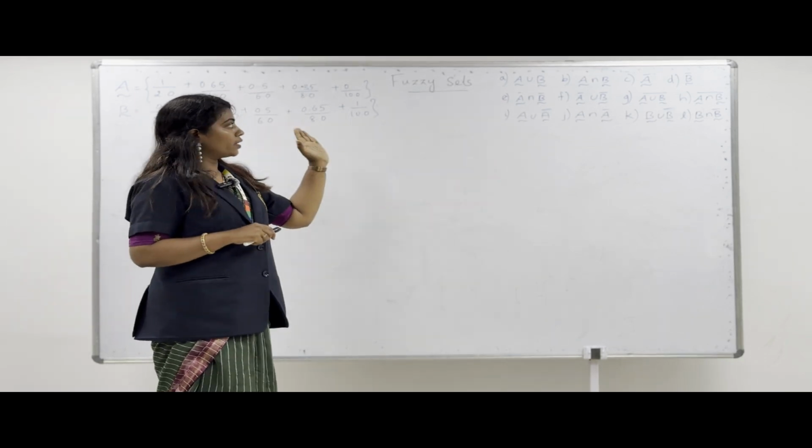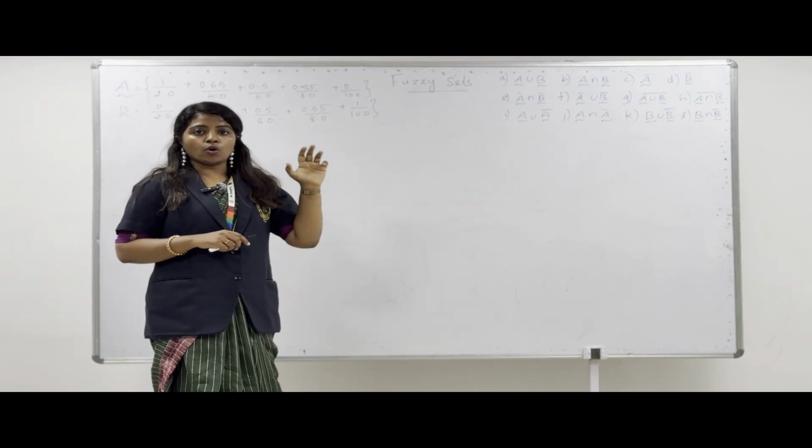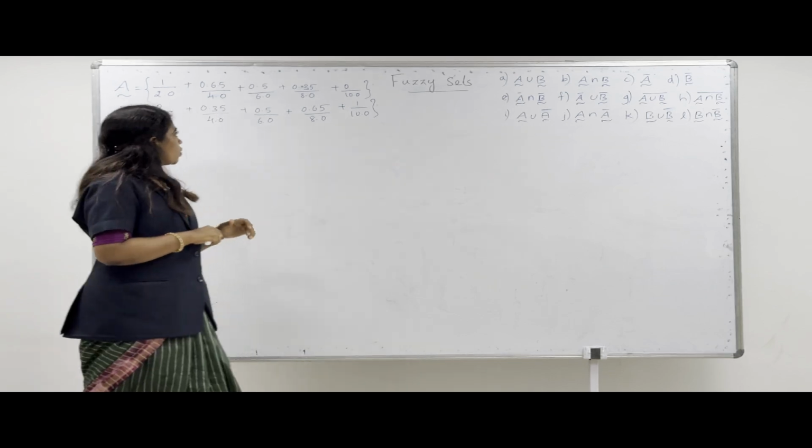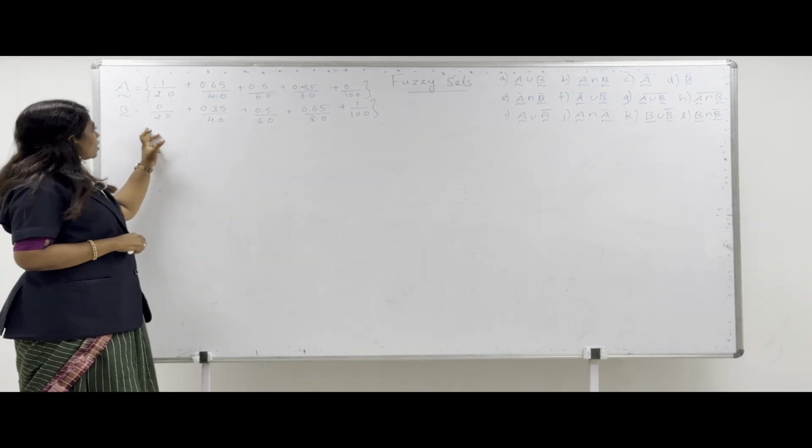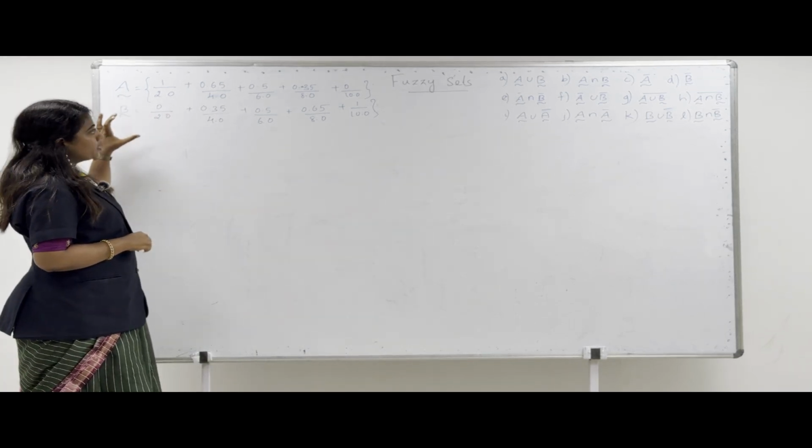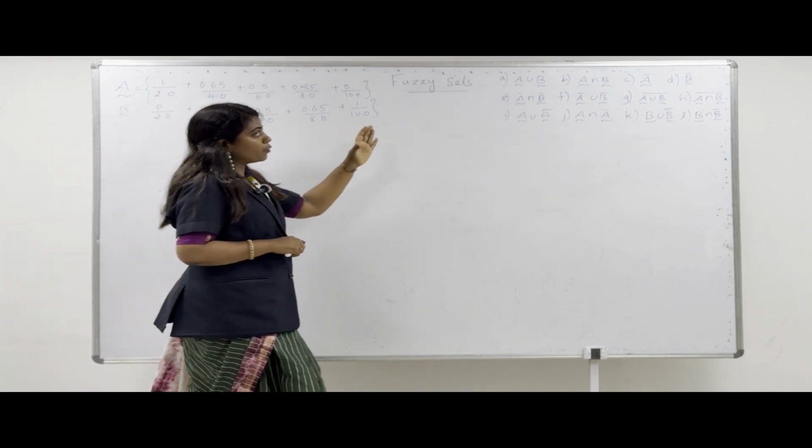So, here today in this section we are going to see the operations of fuzzy set. Consider two fuzzy sets, let us say A and B, and this is the question we have to find.